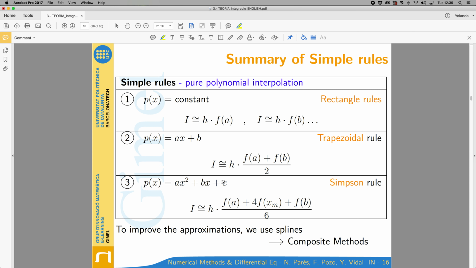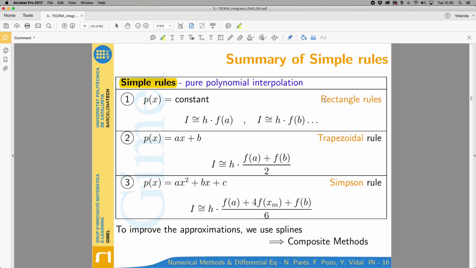And that is what we covered today, okay? We covered the simple rules to compute integrals from a numerical approach, so from an approximated approach. Here we have the summary of what we got.